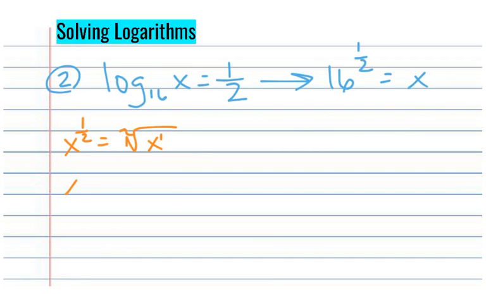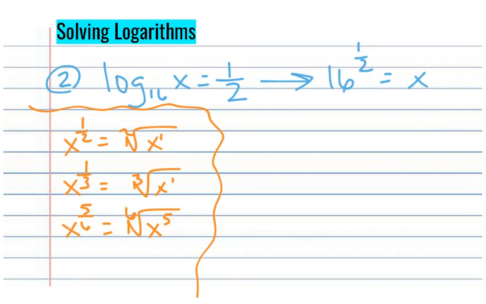If I had x to the 1/3, that would be the third root of x raised to the first. If I had x raised to the 5/6, that would be the 6th root of x raised to the 5th degree. So that's just a little review of exponents.